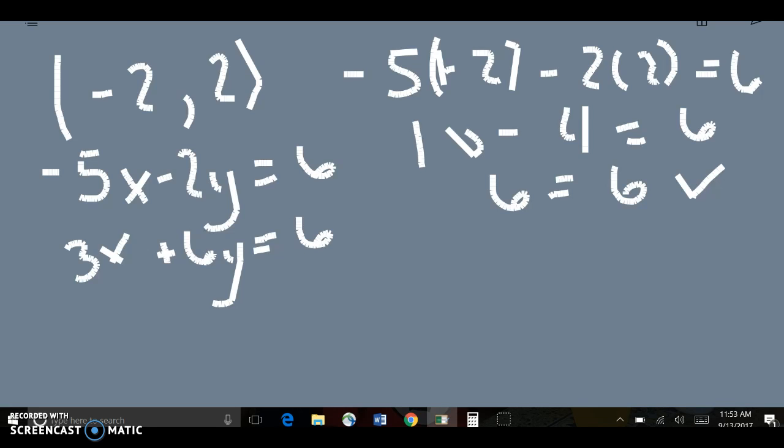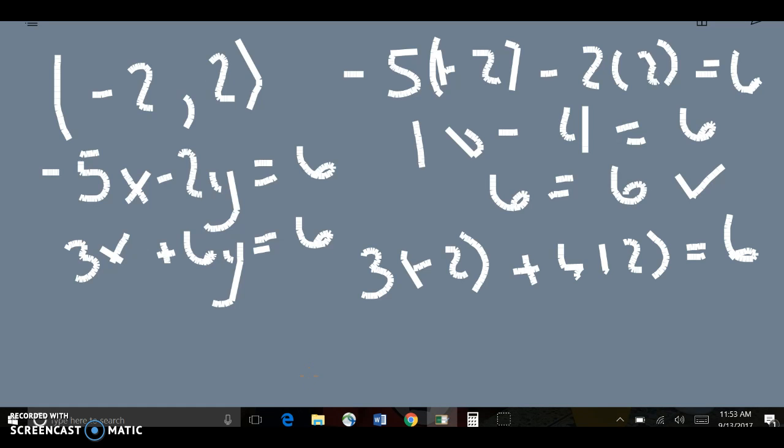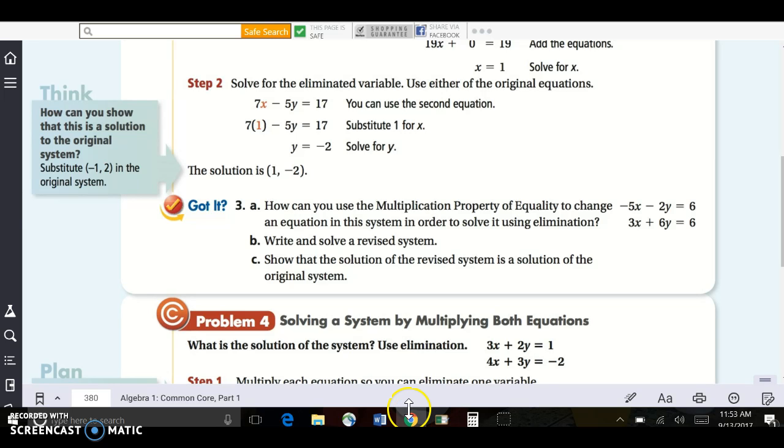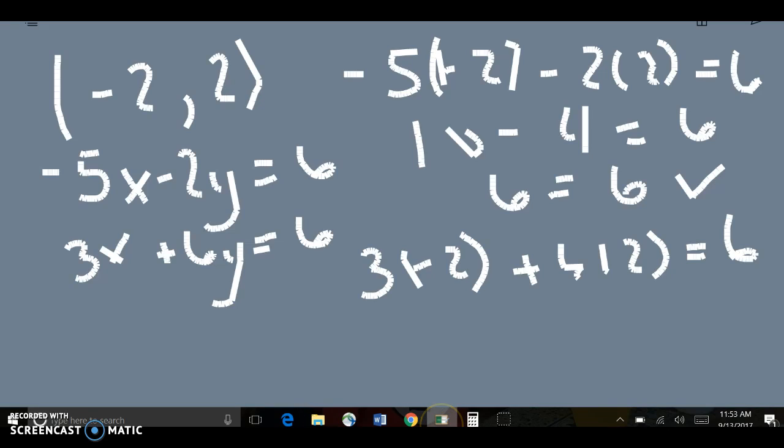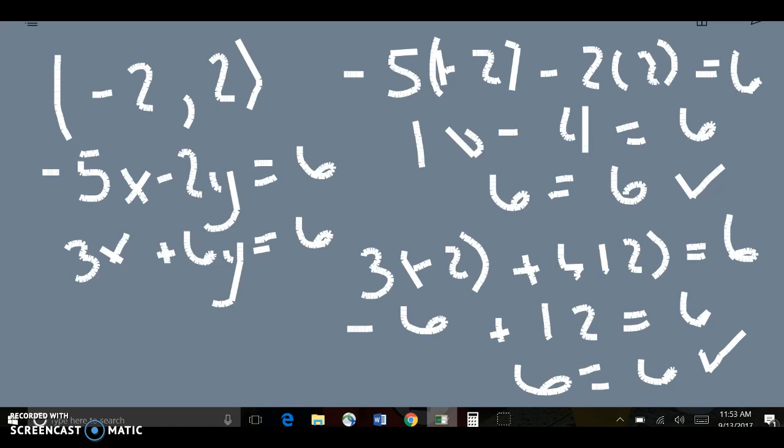Let's check out the next one. So we have 3 times negative 2 plus 6 times 2, and again I want to see if that equals 6. Did I write that down right? Yep. I get negative 6 plus 12, and negative 6 plus 12 is 6. So again, that checks out. So my solution is correct, and I hope that this helps.